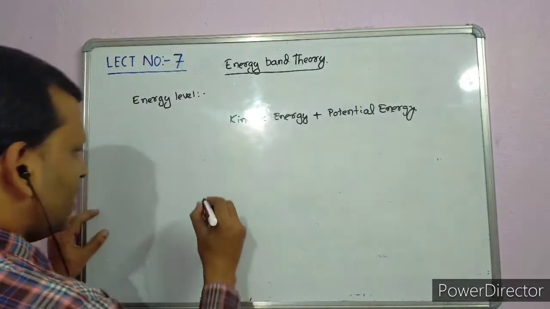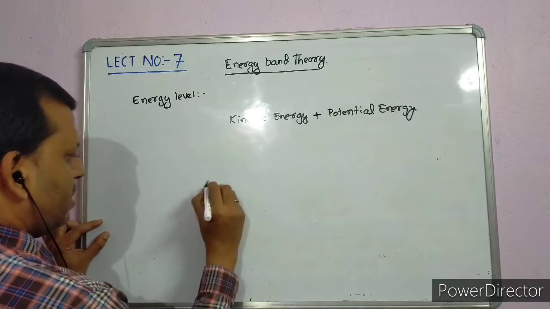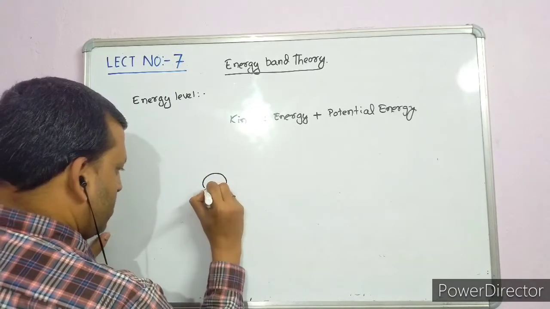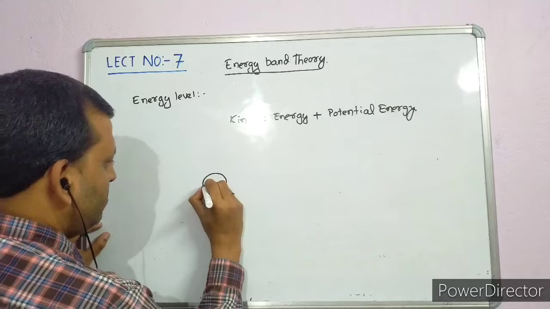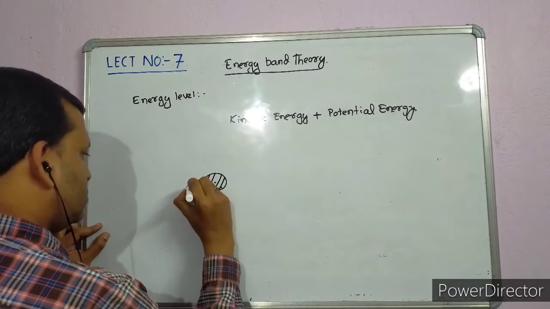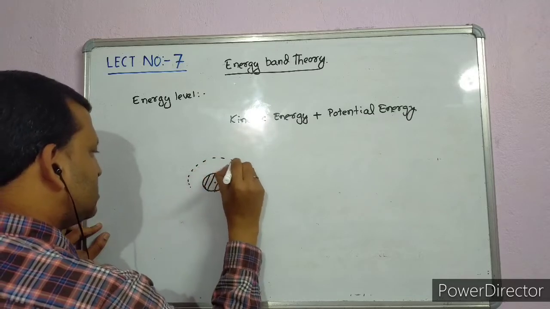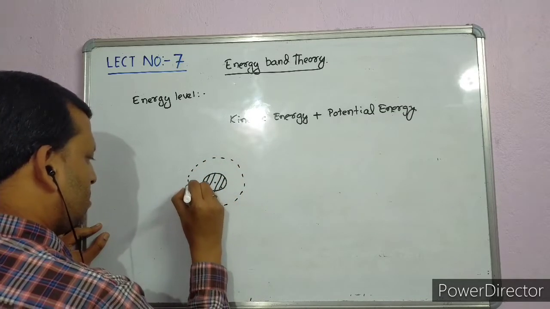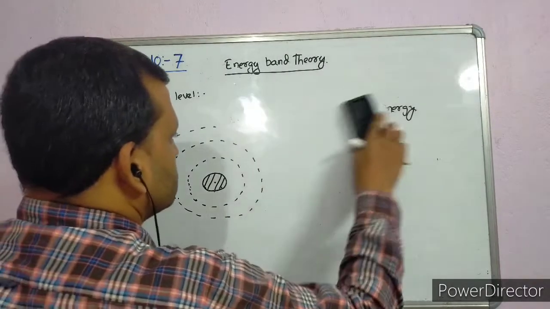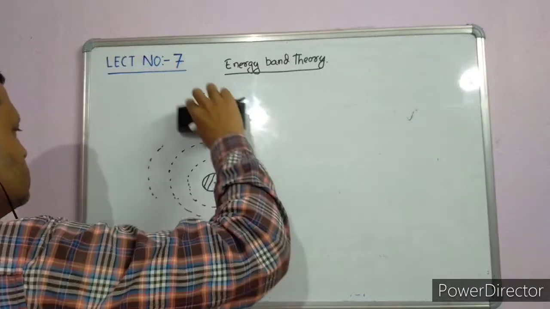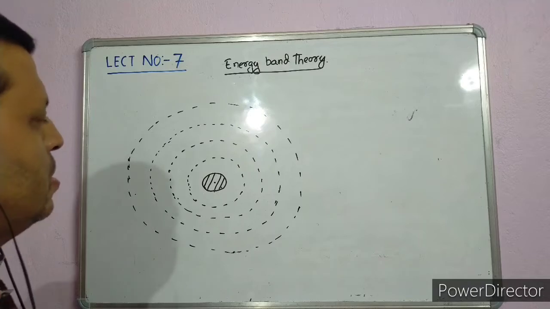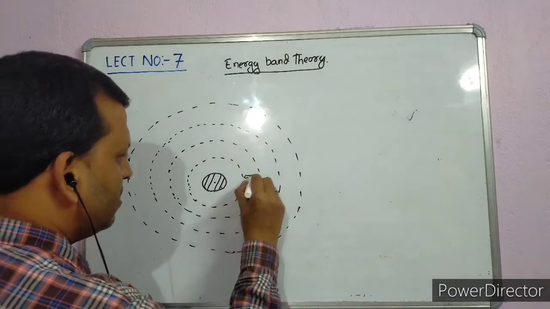Let us say that this is our nucleus. Let us assume that this is an atom, and let us assume that these are the cells. So this is our first cell.